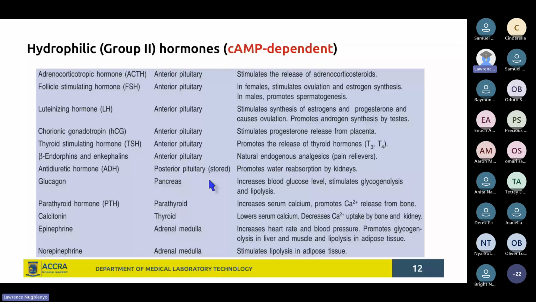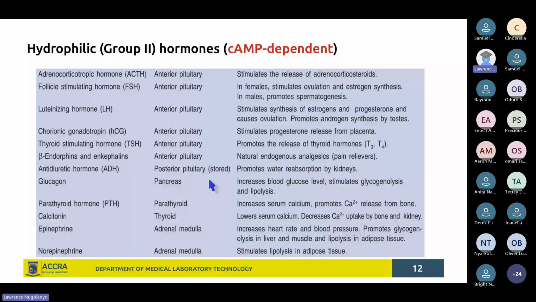And you have glucagon, which does the opposite of what insulin does. Insulin is a hormone which is to decrease blood glucose levels. That is to stimulate the process of glycogenesis. You have excess glucose molecules going into the synthesis of glycogen to be stored in the liver and in the skeletal muscles.